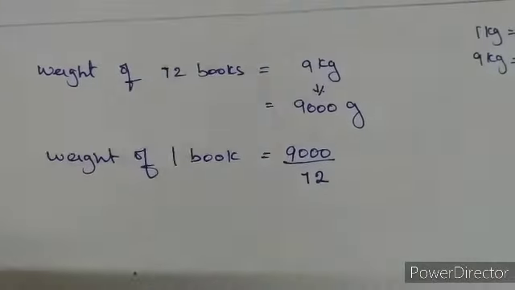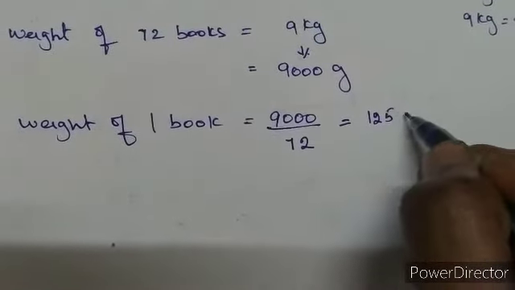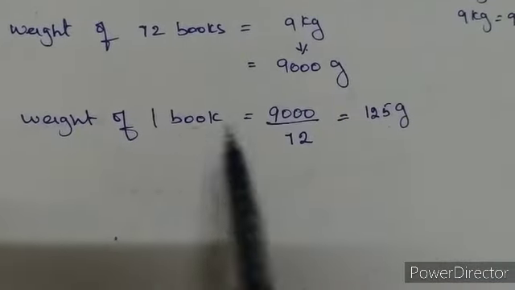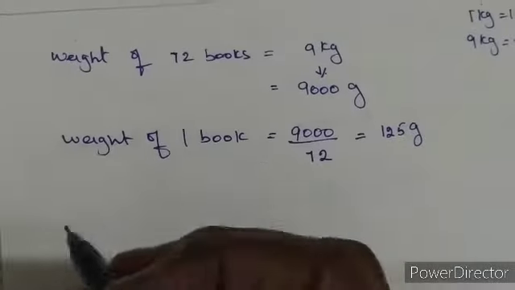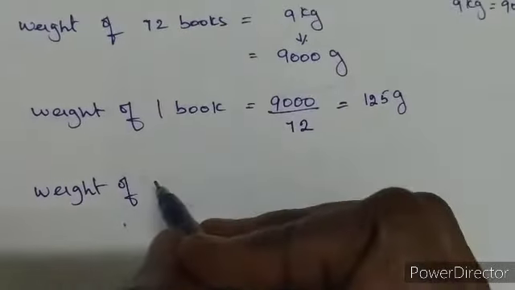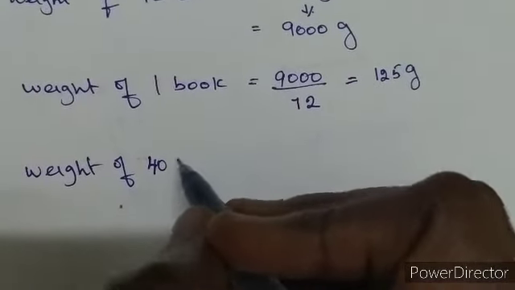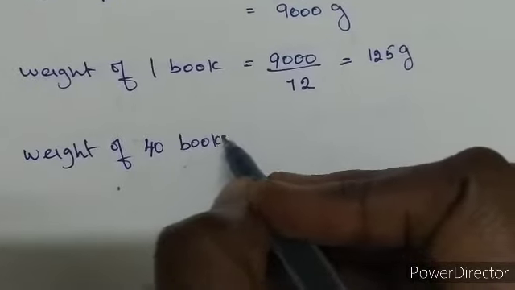By the usual division method, you will get 125 gram. That is, the weight of one book is 125 gram. So easily now you can find the weight of 40 books.